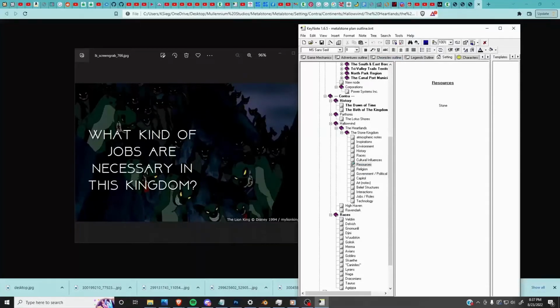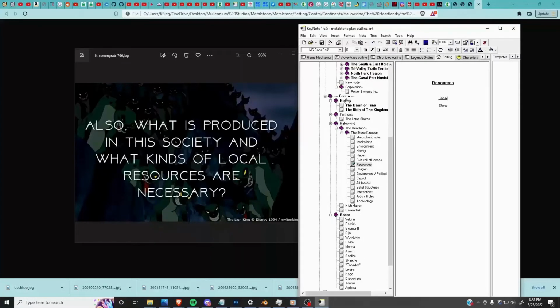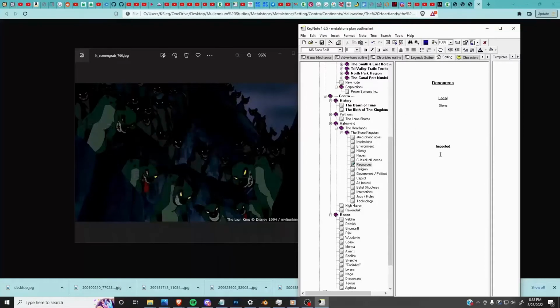So in resources as well, let's just put local, and then we could also have a category for anything that we can think of that would be imported, because the kingdom might need necessary resources, but they don't always have to be local.